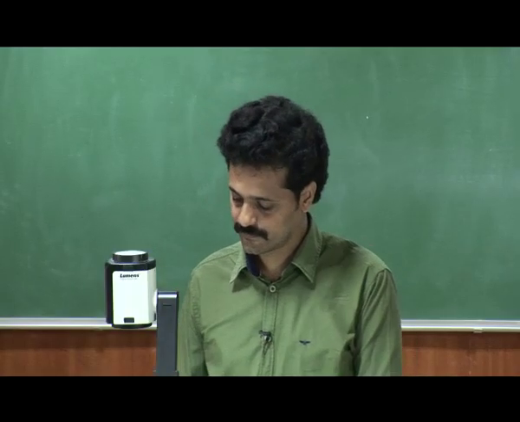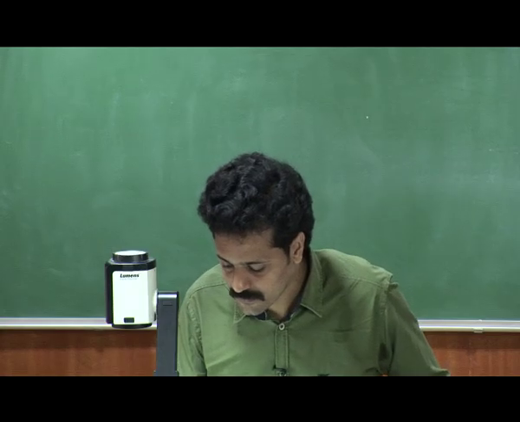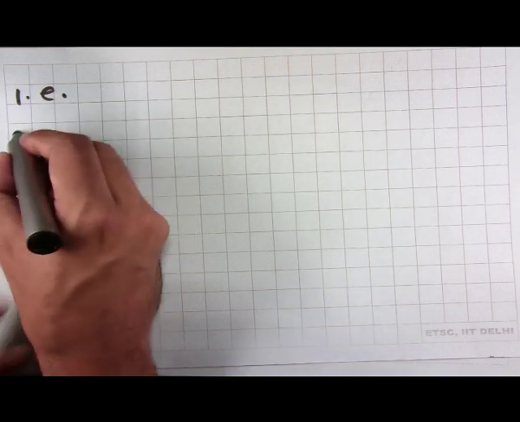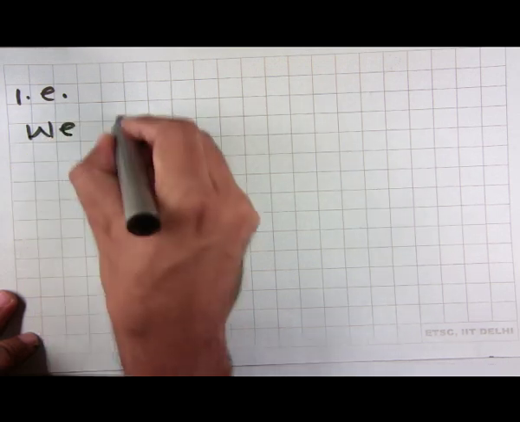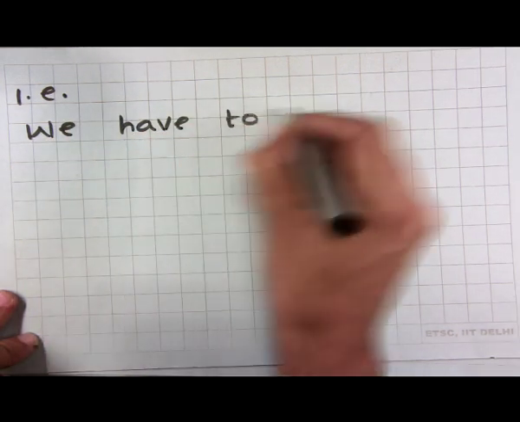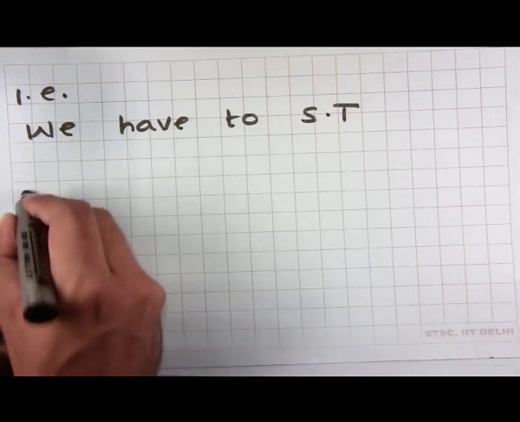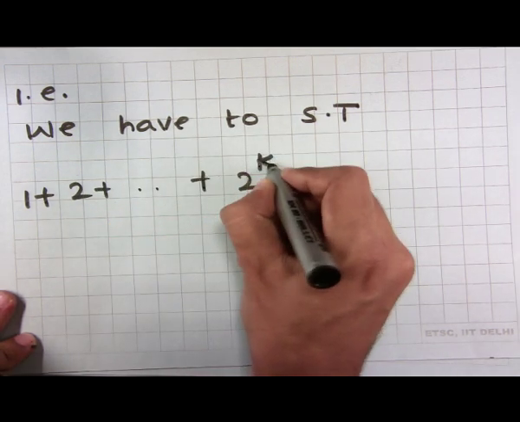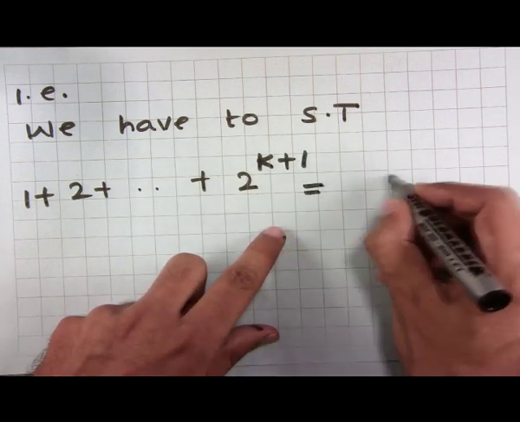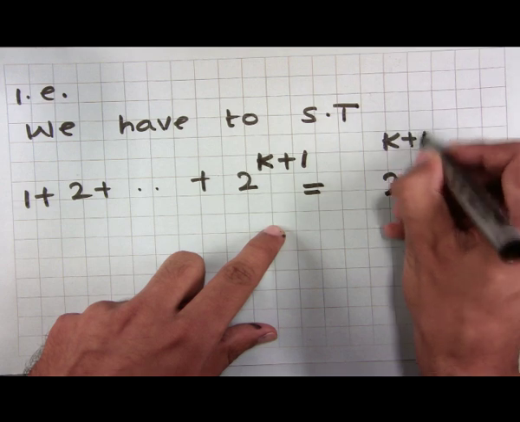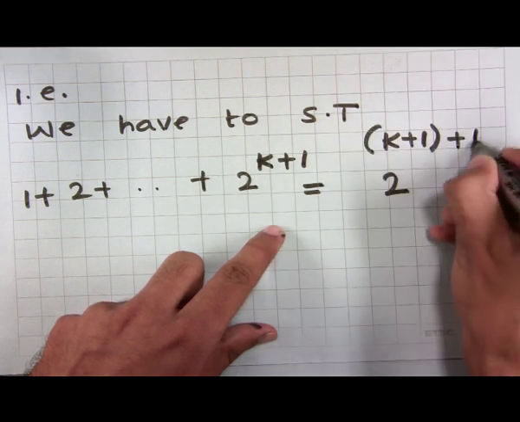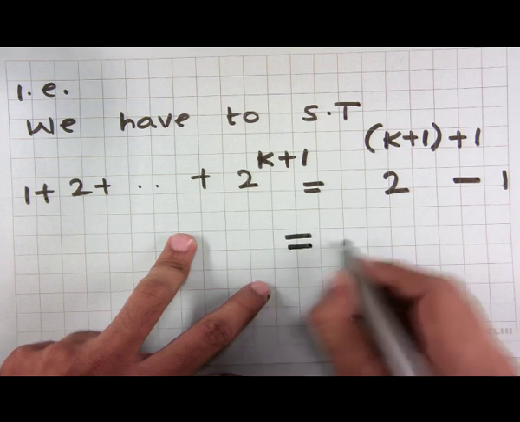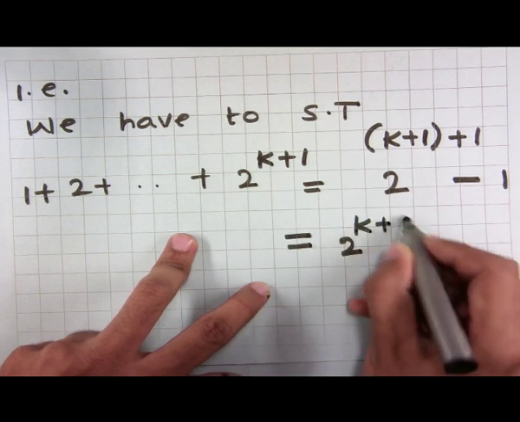That is, we have to show that 1 plus 2 plus etcetera plus 2 power k plus 1 is equal to 2 power k plus 1 plus 1 minus 1, which is the same as 2 power k plus 2 minus 1.